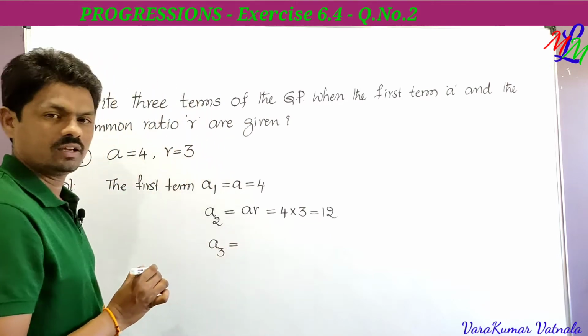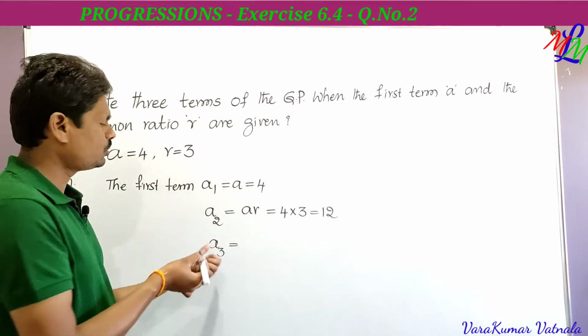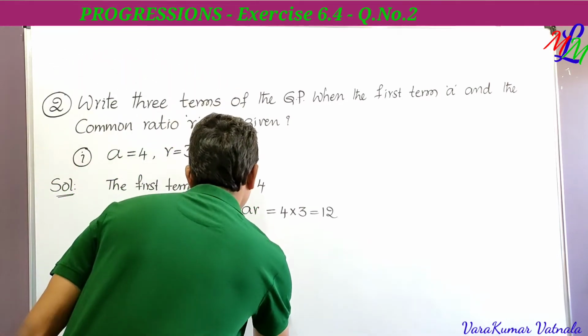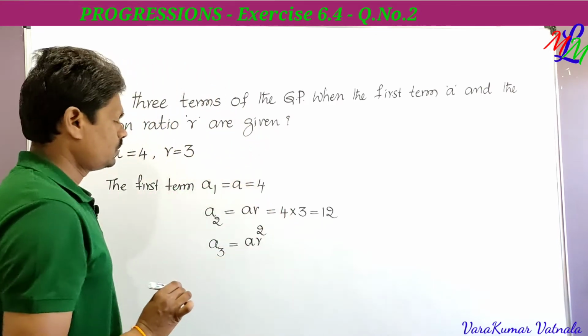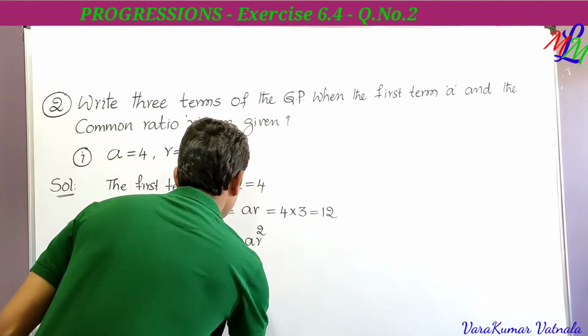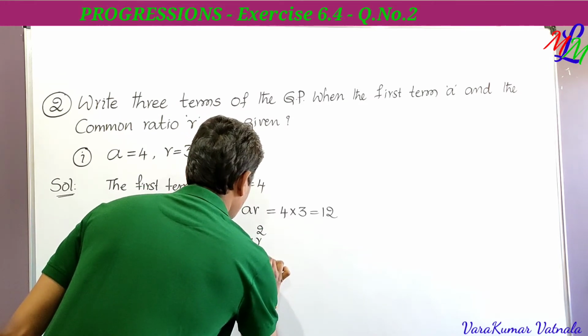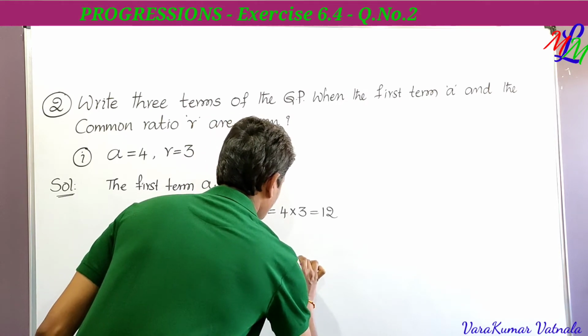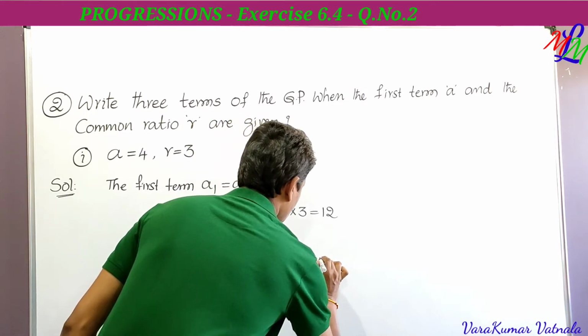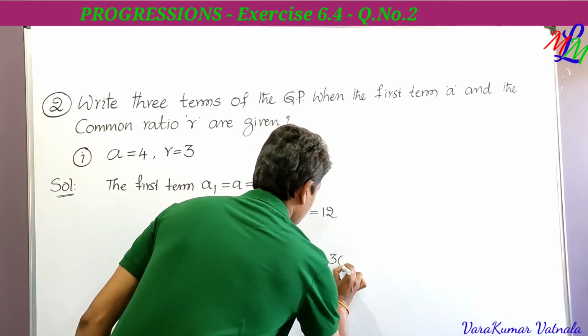How can we write A3? We can write A2 into R, or A into R to the power 2. So A value we have 4 and R value is 3 whole square. So that is 4 into 3 square, which is 9. 4 into 9 is 36.